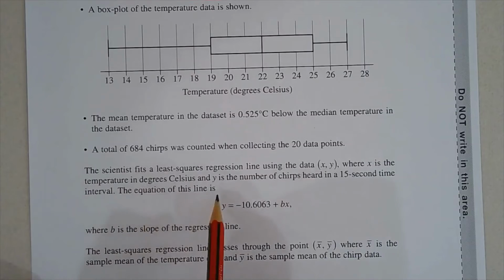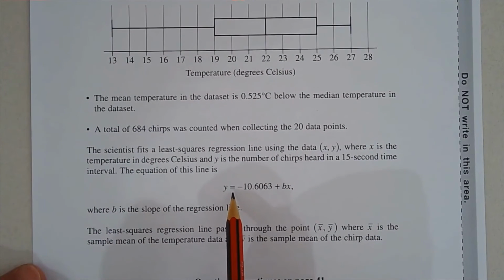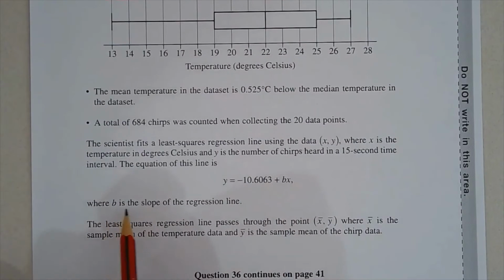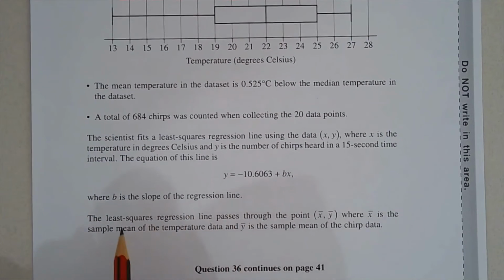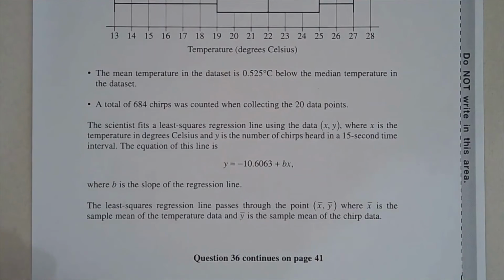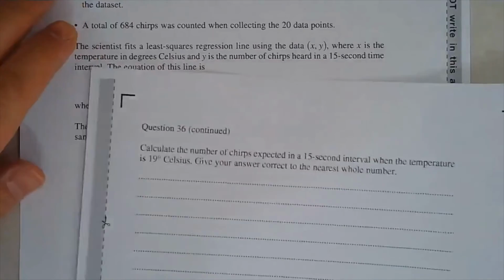The equation of this line is y equals negative 10.6063 plus bx, where b is the slope of the regression line. The least squares regression line passes through the point x bar, y bar, where x bar is the sample mean of the temperature data and y bar is the sample mean of the chirp data. So this continues on the next page.